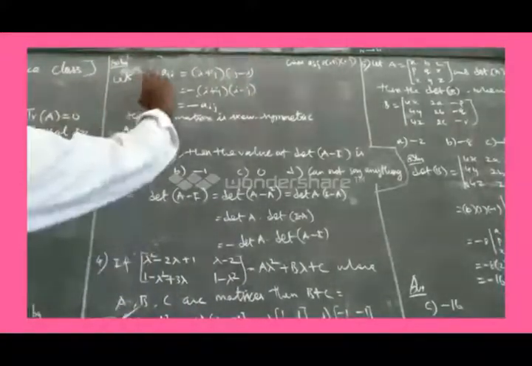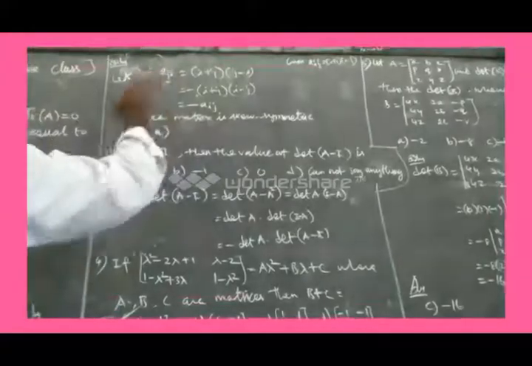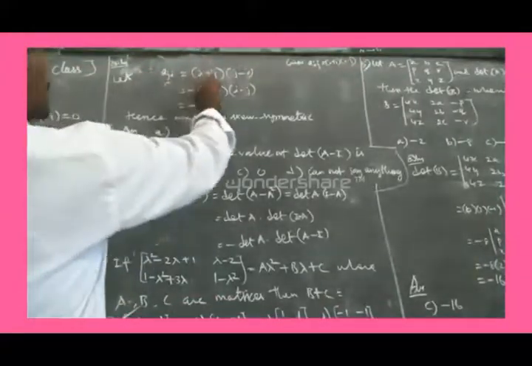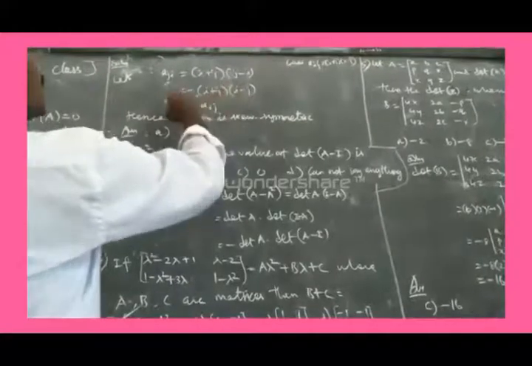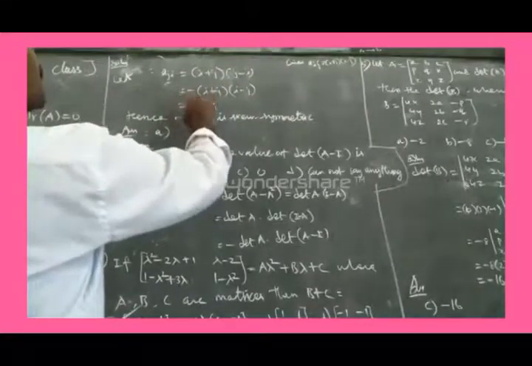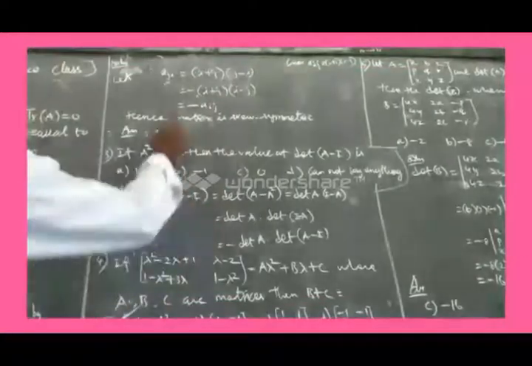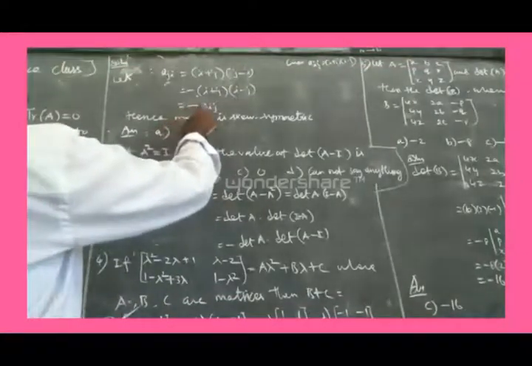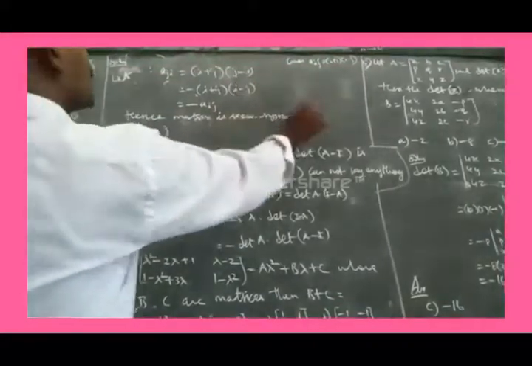So, the interchange of i and j. So, (i plus j) into (j minus i). Taking minus 1, take minus of (i plus j) into (i minus j). So, equal to minus Aij. So, hence the matrix is skew matrix.